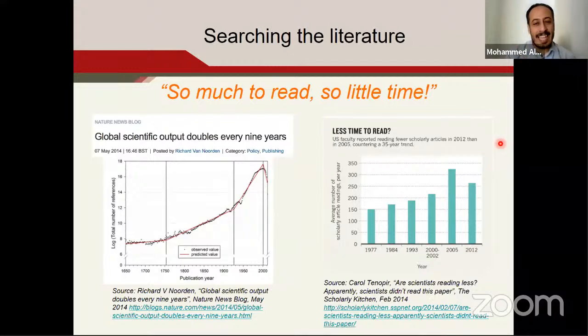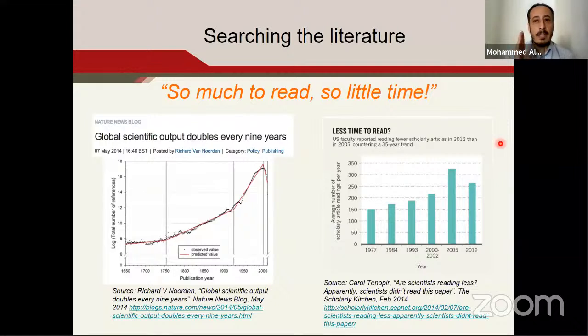And this is not just in your area only. I'm not asking you to read articles in other areas, just in your area. Also, this is correct for the supervisors and the academic staff. If you don't do that, you will not be up to date in your area. And how do the researchers or supervisors do it? Actually, by reviewing their students' articles, and also they usually serve as reviewers for different journals.